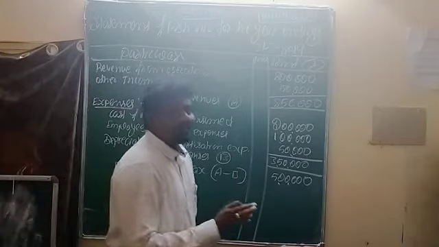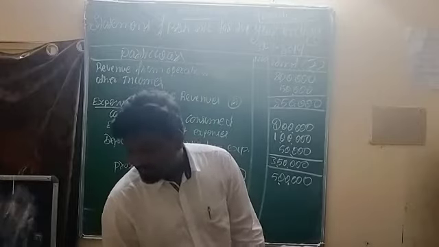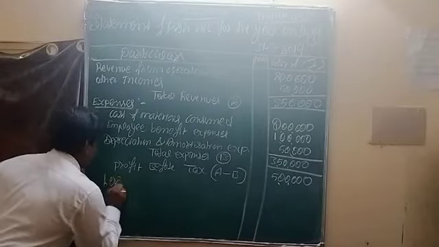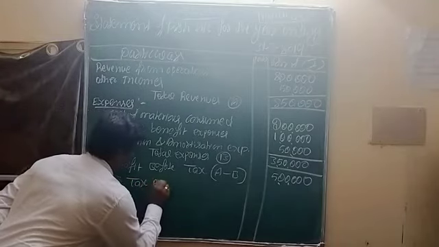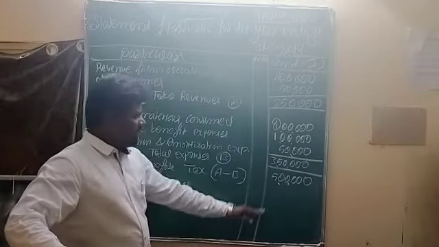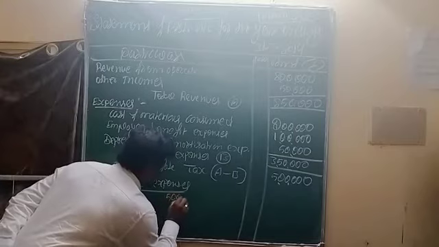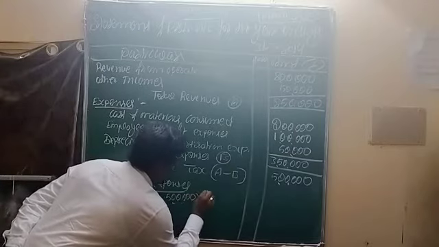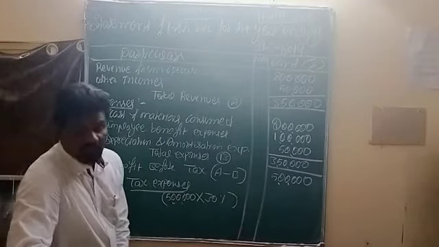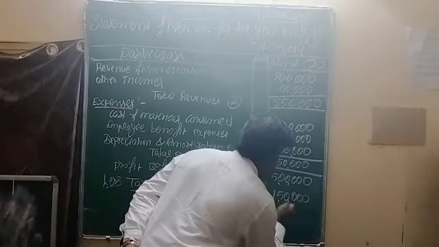Again, now we need to clear the tax. The tax rate is given in the question: 30%. So the next one, less tax expenses. This tax we calculate out of the profit before tax value only. 5 lakhs rupees into 30%: 5 lakhs into 30% means 1,50,000 rupees.